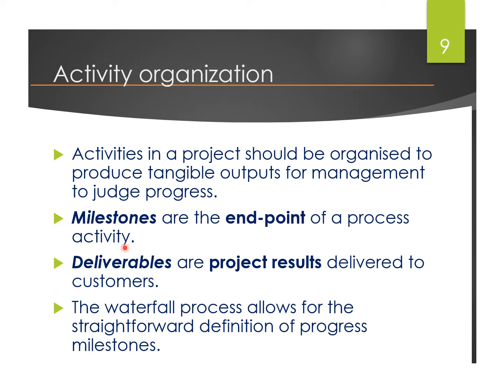Deliverables are actually the output, whether it's a system design report, analysis report, or maybe the coding or the test results. Deliverables are the output, and milestone refers to the short-term deadline, especially referring to the phases that you have.